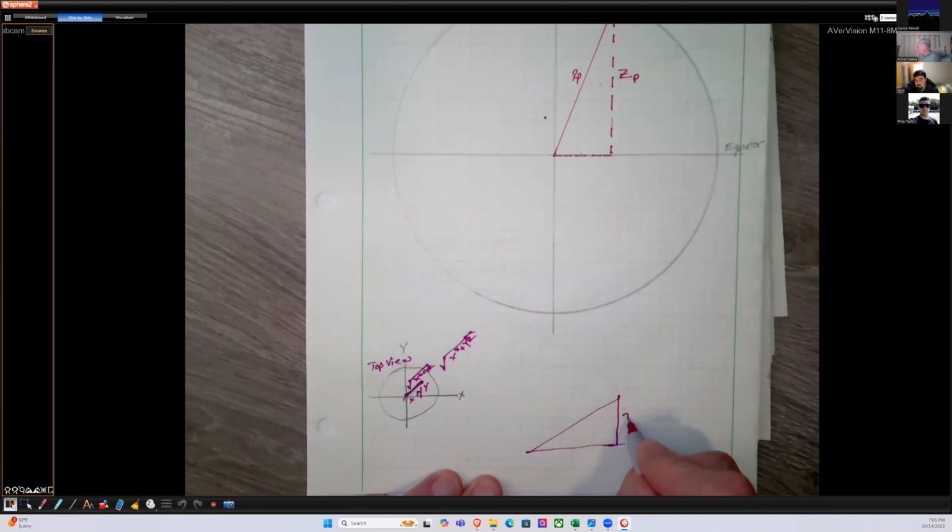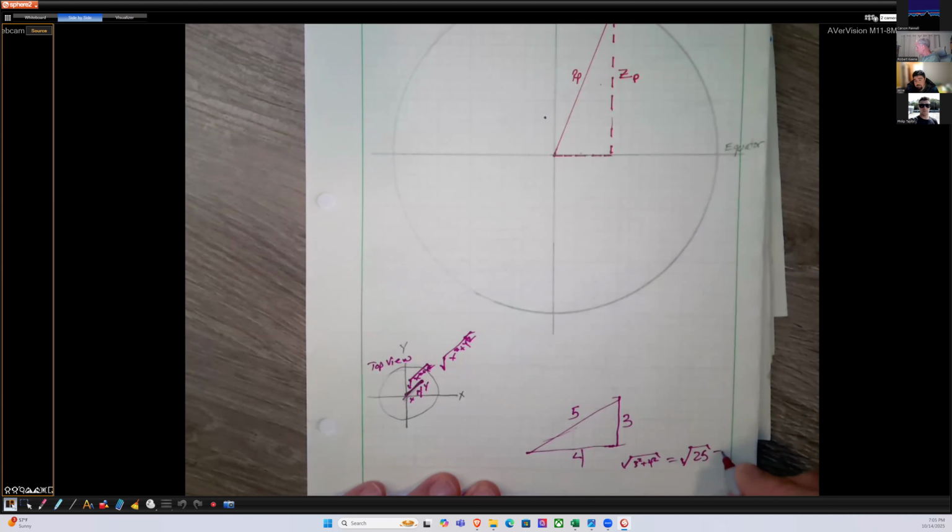If this is 3 and this is 4, what would this length be? The old 3, 4, 5. Yeah, 5. That's because the square root of 3 squared plus 4 squared equals, well, 9 and 16, 25, equals square root of 25.